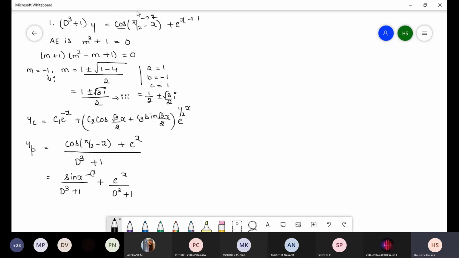So this is type 2 and this is type 1. In type 2, we have to replace d square by minus a square. What is our a value here? The a value is 1.